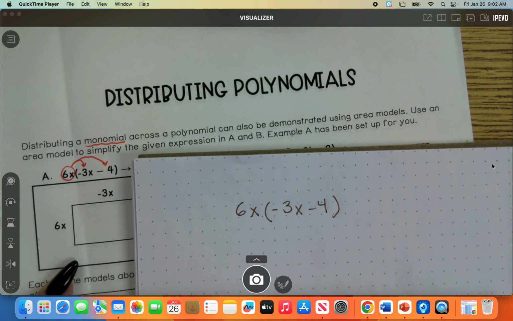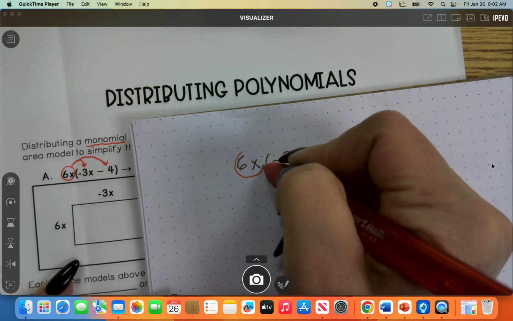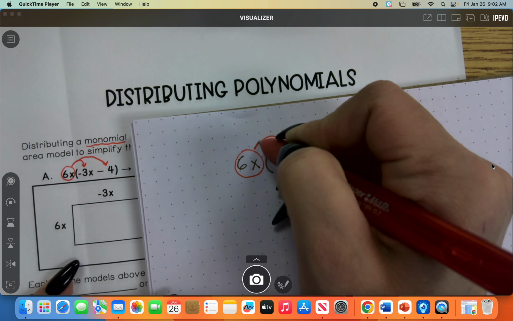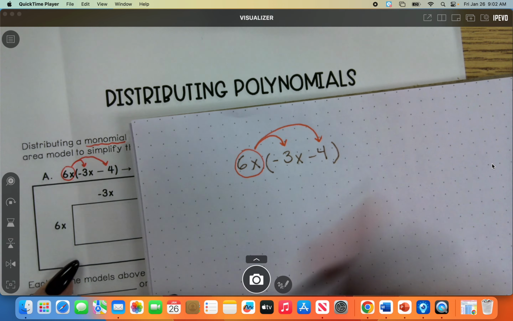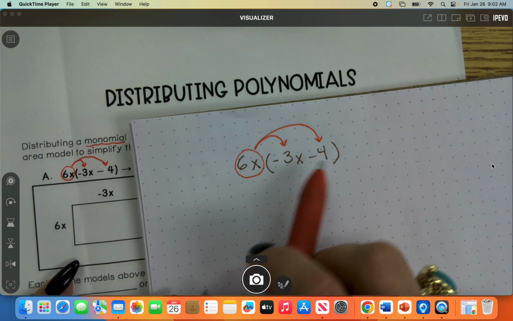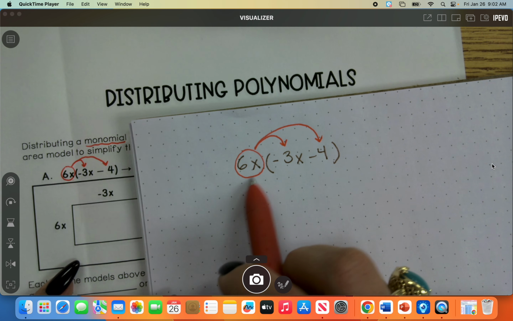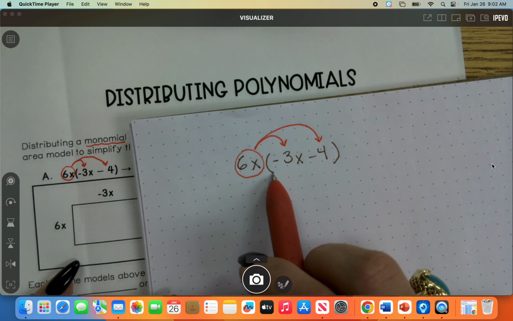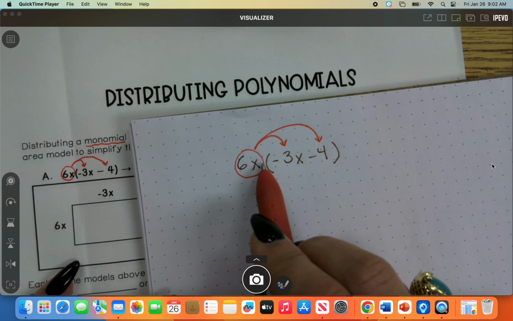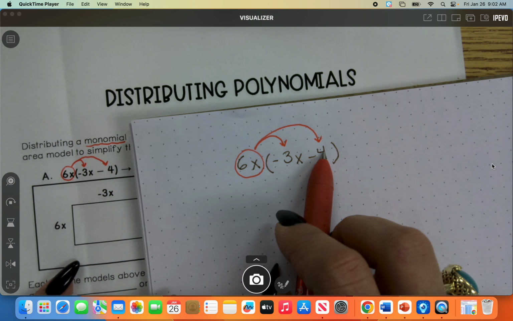So we could just simply multiply this monomial, which is one piece, inside the parenthesis. We know if we have a term, a number, a variable outside of the parenthesis that doesn't have any sign, that means it's multiplied inside the parentheses.